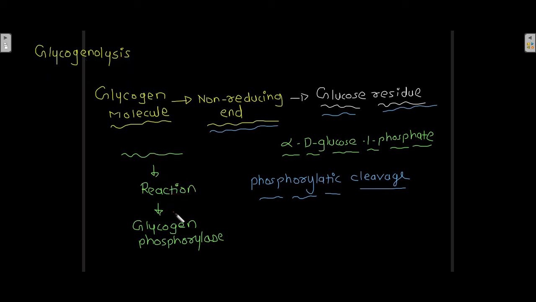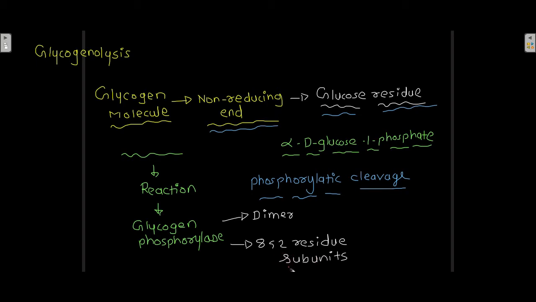That reaction is catalyzed by an enzyme known as glycogen phosphorylase. This glycogen phosphorylase, which is responsible for the breakdown of glycogen, is a dimer, and it is made up of 842 residue subunits.